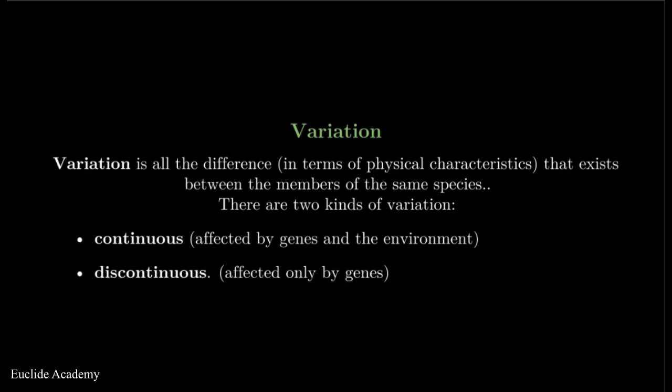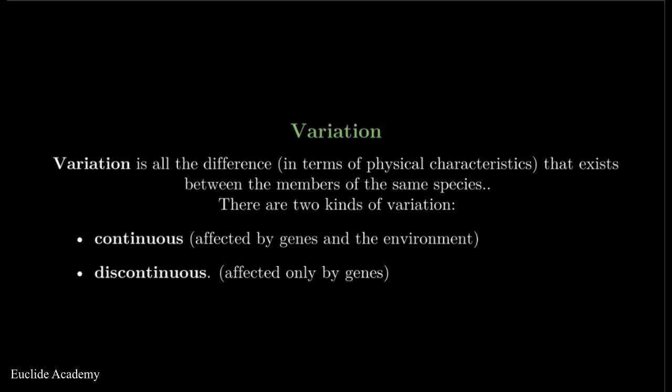We're not talking about things we are not able to see, like personality. We're talking about the physical characteristics, and when physical characteristics are mentioned, the things that should come to your mind are color, height, size, and texture and things like that.